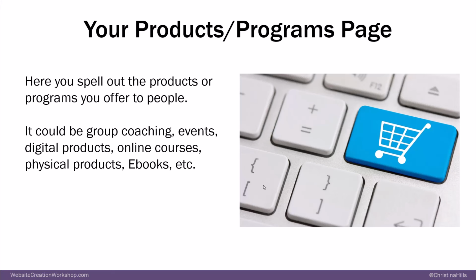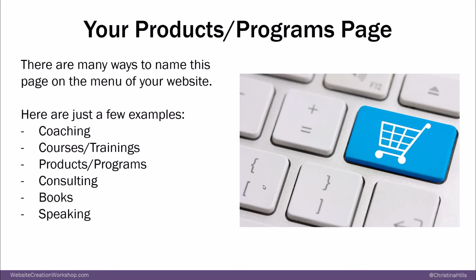I think of a product as something you're either shipping in the mail, or maybe a home study course, or a PDF. Your products or programs could be group coaching, events, digital products, online courses, physical products, ebooks. There's many different ways you can think about it.